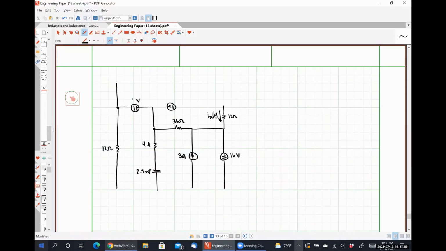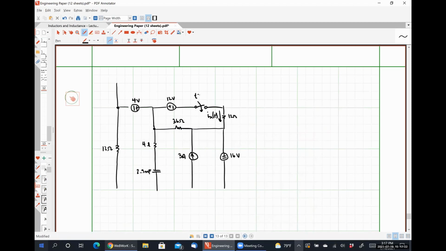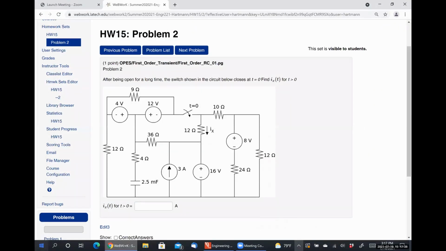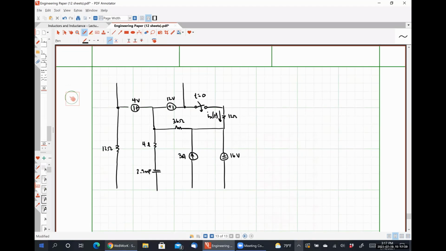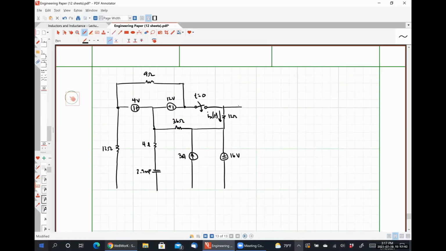Sorry, so this one is 4. This one is 12. The switch is closing. 8, 24.